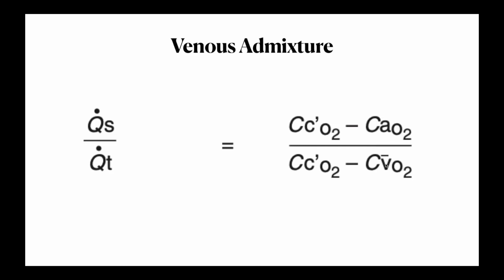The way to think about this is that theoretically, the blood which has the highest content is going to be end capillary, because the end capillary is where it is going to be matched up with the alveolar gas. So in terms of partial pressure of oxygen, that's going to be the highest. If you think in terms of oxygen content, CcO2 will always be more than the arterial content, which will be more than the mixed venous content.